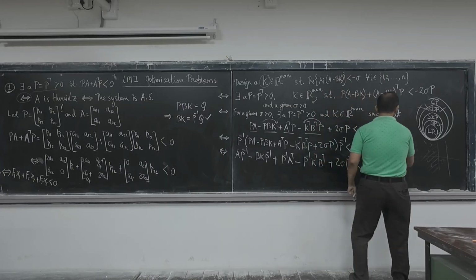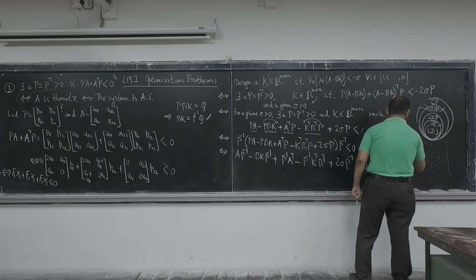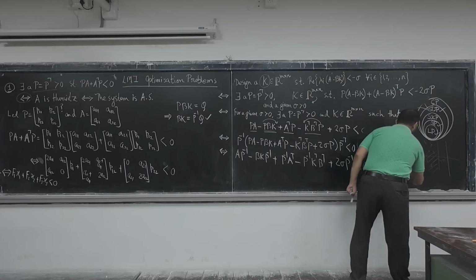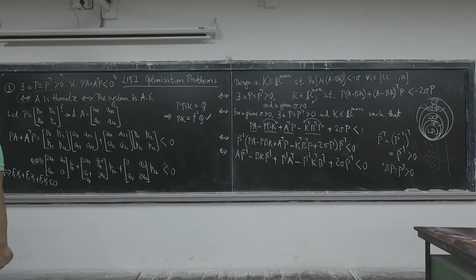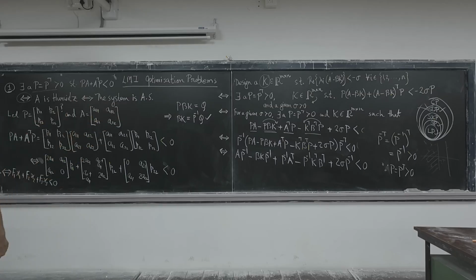That is P inverse whole transpose, right? Which is nothing but P inverse, because P equals P transpose is positive definite. The inverse of a positive definite matrix is again positive definite, and originally it is symmetric, so the symmetric property will be preserved. So similar to P equals P transpose, P inverse will also equal P inverse transpose. Okay.